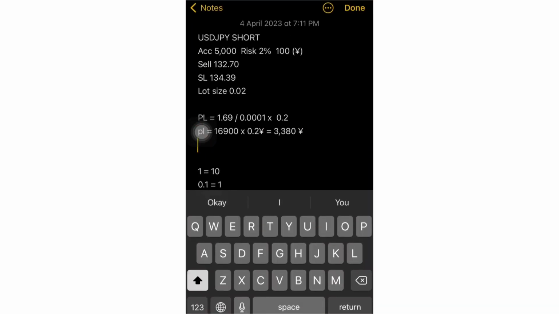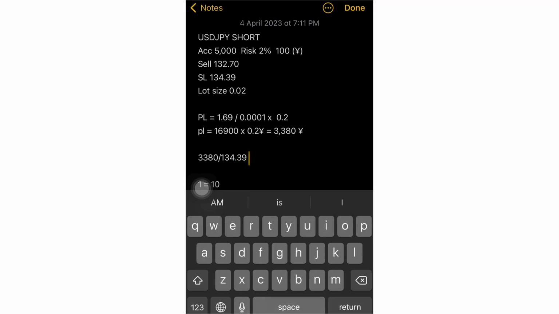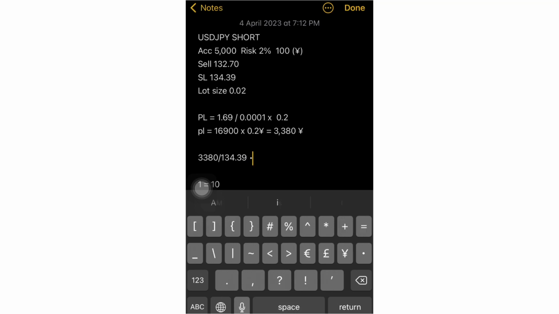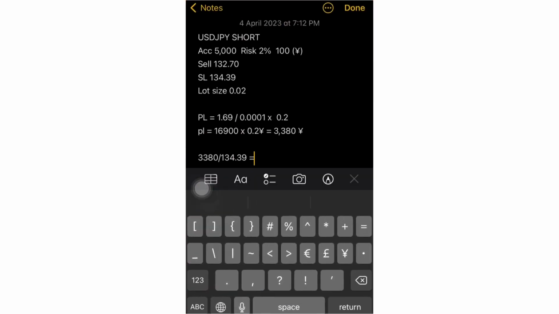So to get this in dollars, the profit and loss to your account currency, 3,380 divided by 134, which is the close price, your stop loss, will be the close price. At the end of the day, if the trade goes against you, it will give you this in dollars, 25.15.